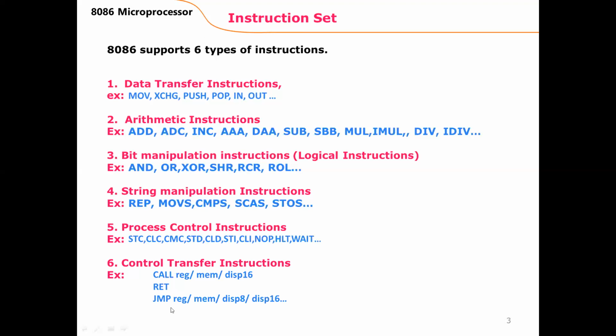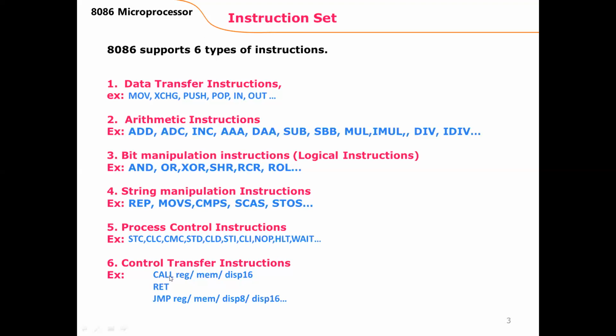Now, if we use a jump instruction, the programmer can jump from one memory location to another within the same program. In place of executing consecutive memory locations, we can execute another memory location as per the requirement.